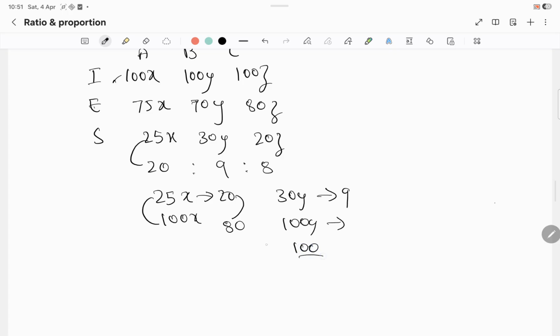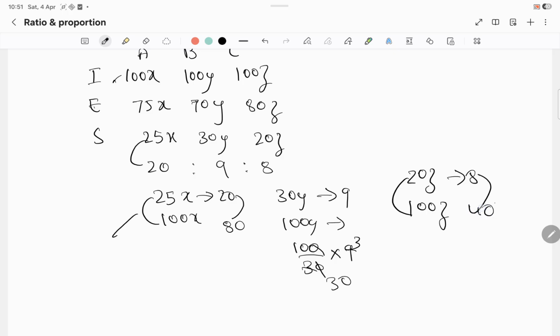See here it is easy to calculate, but here it is not. So we have to divide. So 30. Then last, 20z is given 8, then 100z will be 8 into 5, 40. So total 80 is to 30 is to 40.